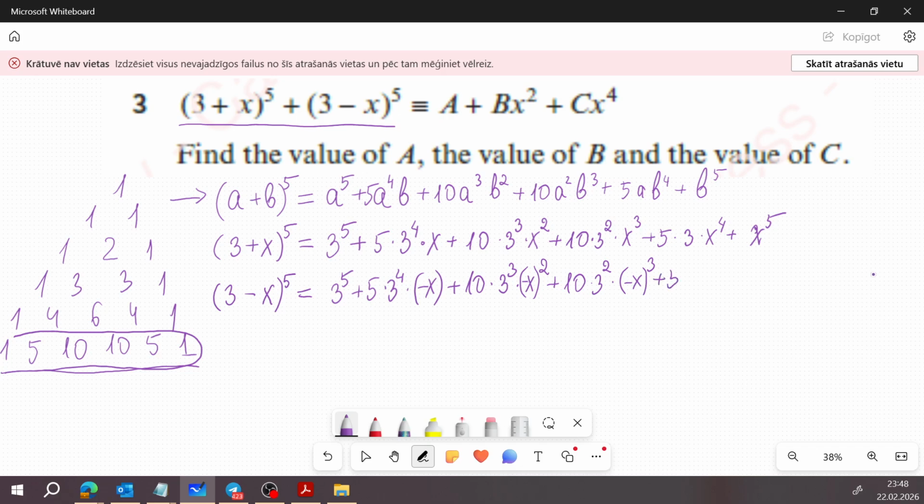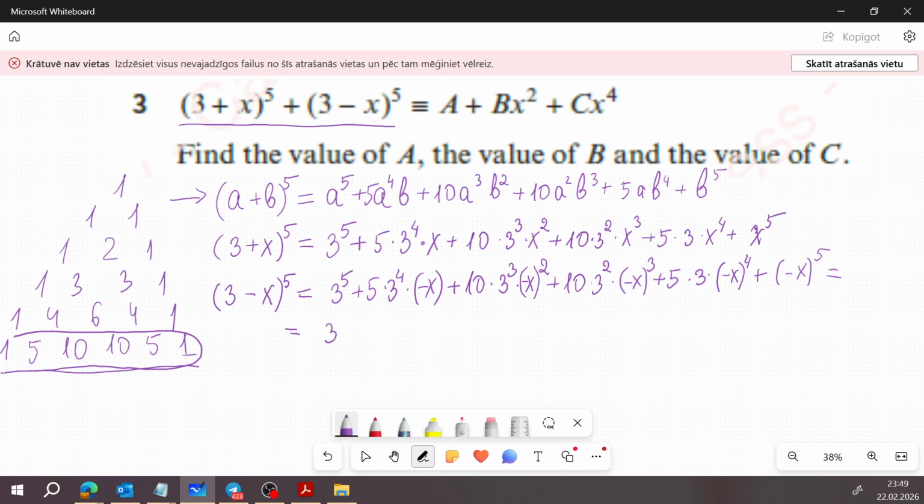Here plus 5 times 3 times minus x to the power of 4 and plus minus x to the power of 5. If we understand that minus x to an odd power is always negative, then we can rewrite it.